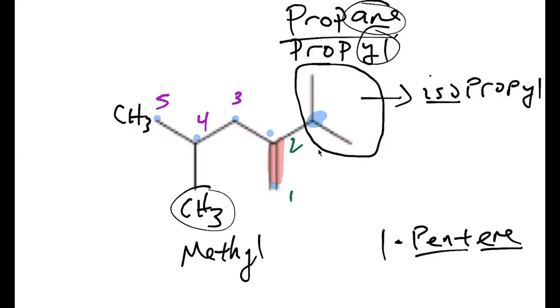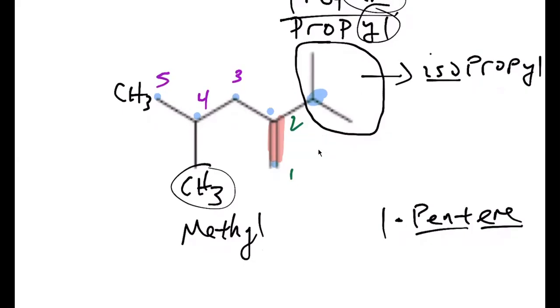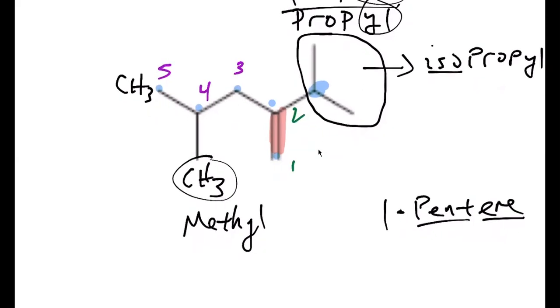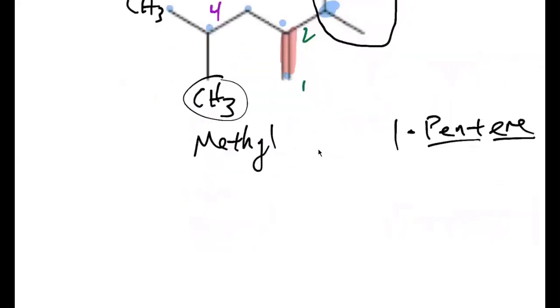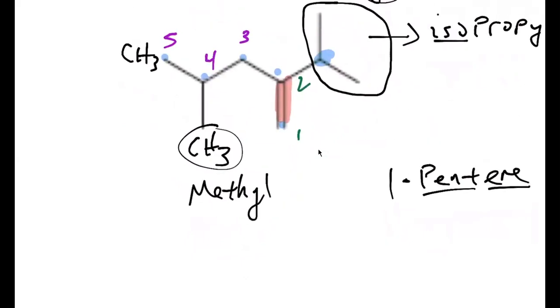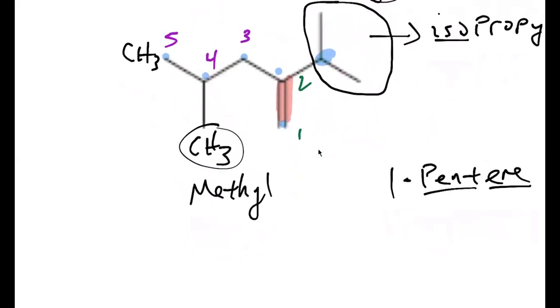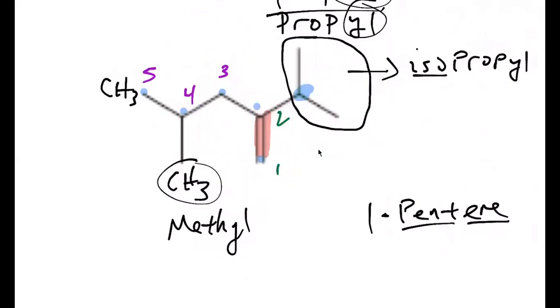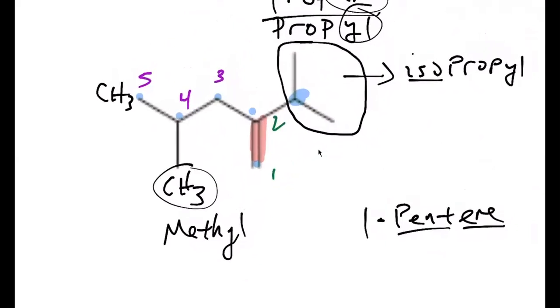All right, so do you think we could put the name together now? There's no stereochemistry because it's a terminal alkene. So can we put the name together now? Yeah. All right, let's name it. What's the location of the methyl? 4. And then the location of the isopropyl is where?